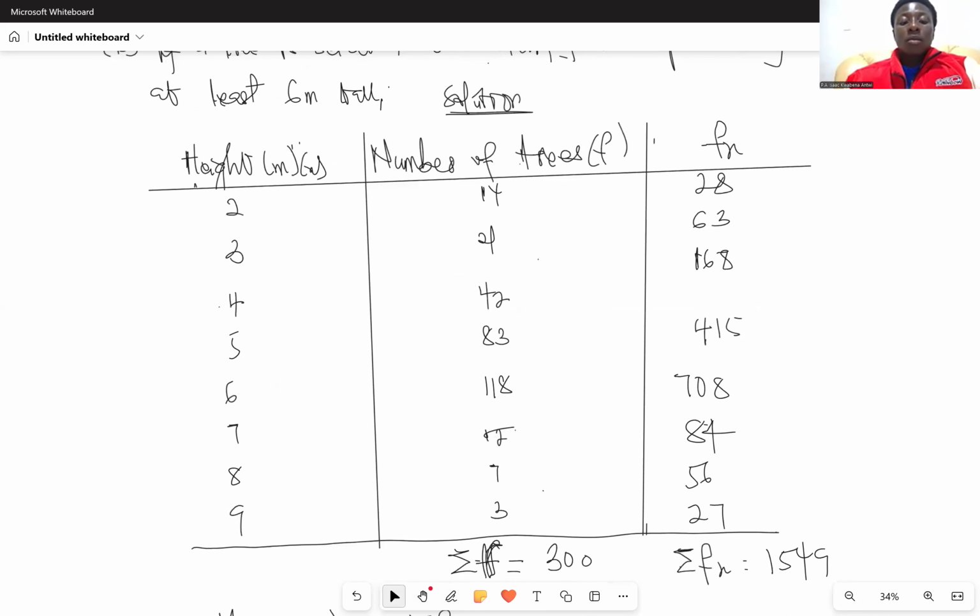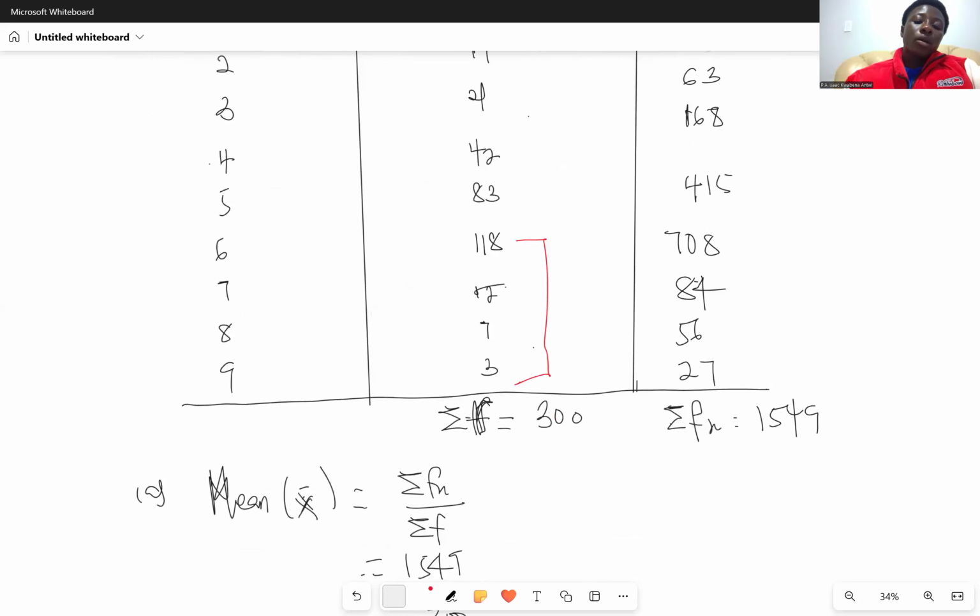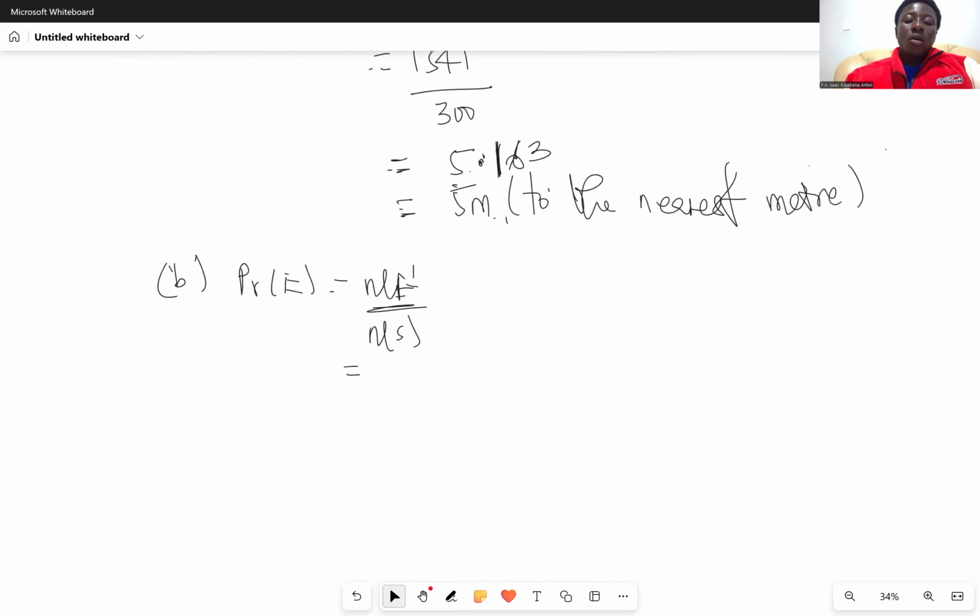Now at least 6 meters tall. Who can help? So I think it's going to be here and down, yes. So that's going to be 118 plus 12 plus 7 plus 3.